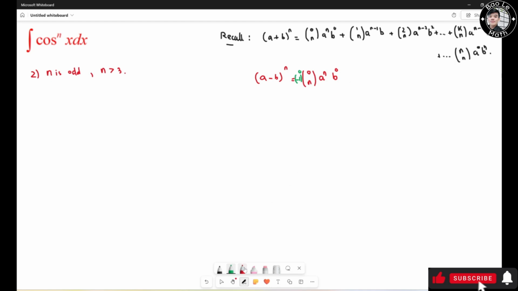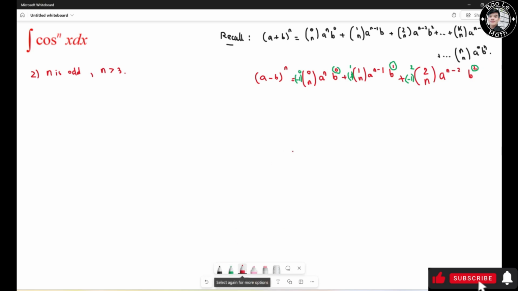Next one, the combination of n and 1, a to the n minus 1, b to the first, so we put negative 1 to the power of 1. Next one, we have the combination of n and 2, a to the n minus 2, b squared. So we put negative 1 to the power of 2 right here. The power of negative 1 depends on the power of b. So keep that in mind.